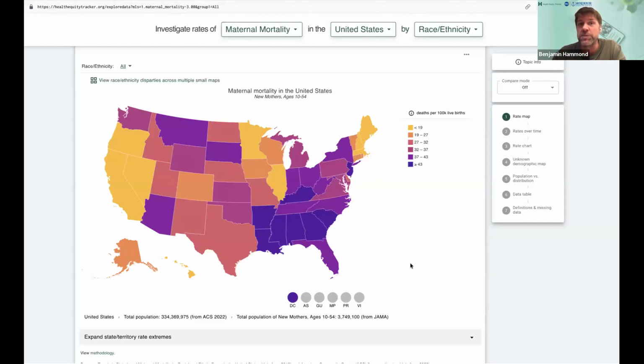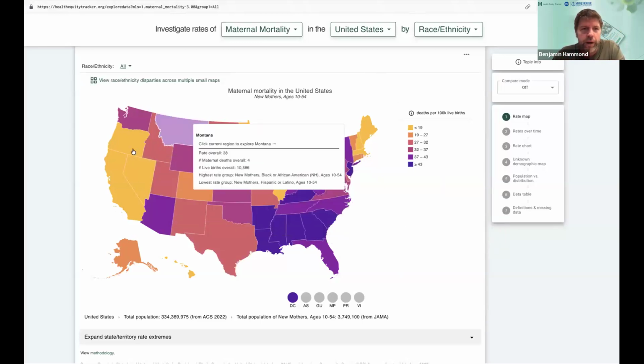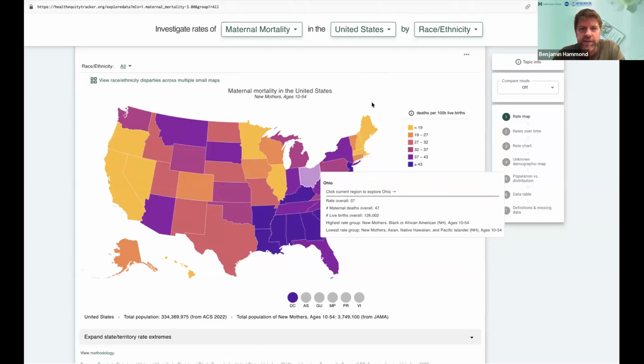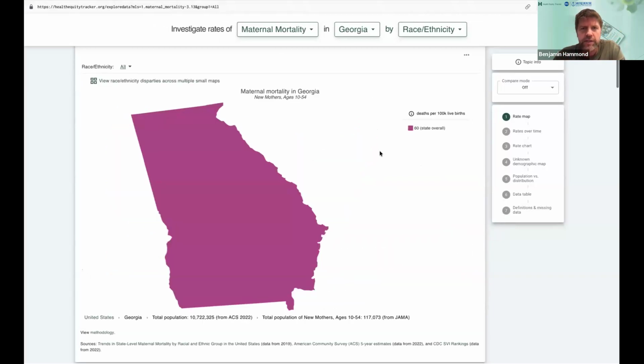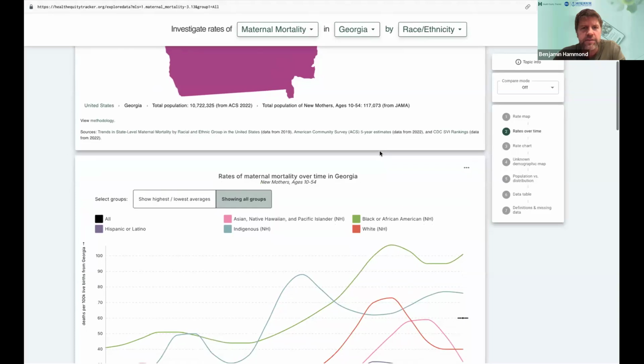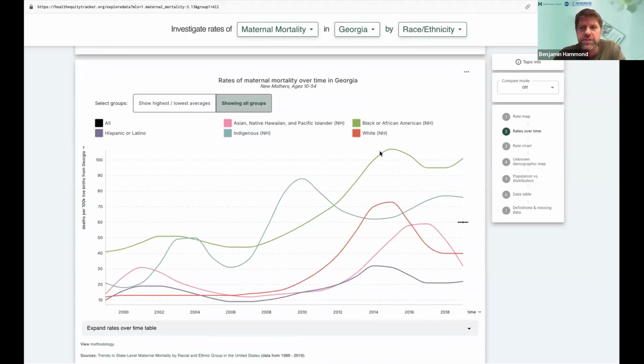We try to expose data gaps, and we'll go into some other ways we do that a little bit later as well. Displaying the data also works as a way to drill down into particular communities. So Morehouse School of Medicine is in Georgia, you dive in and you see rates per state.